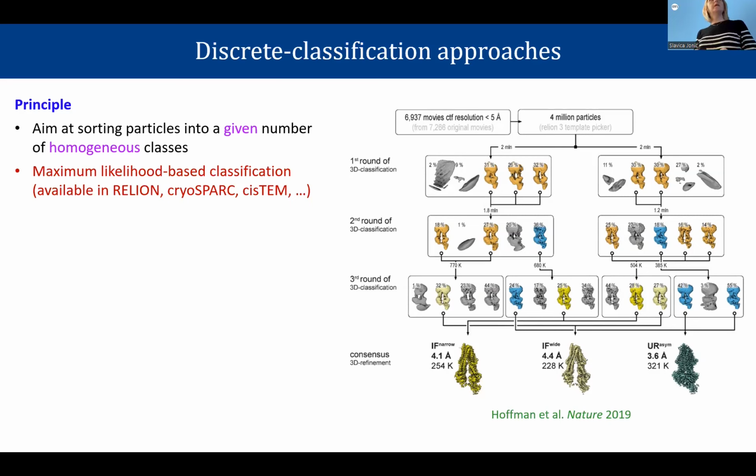Usually people know what they are working on, so they know more or less what shapes they're expecting, not the full variability, but globally the shape you always can get. Even if you have a heterogeneous sample, you mix all these particles and you will always get some reasonable shape.